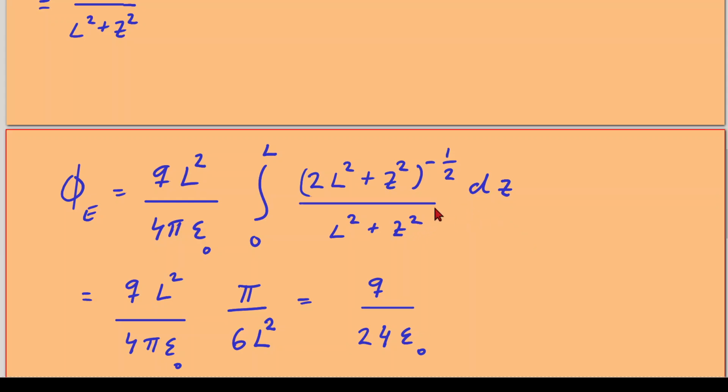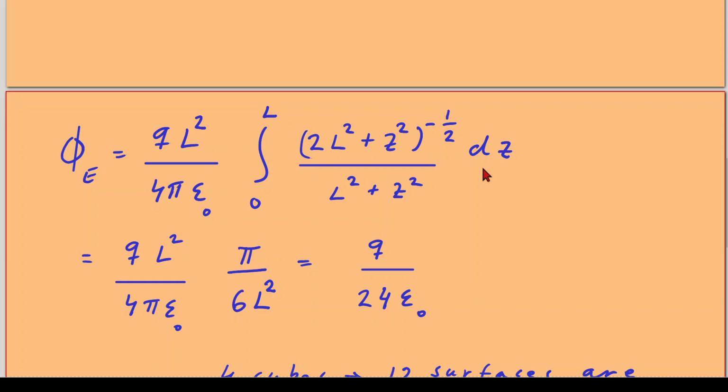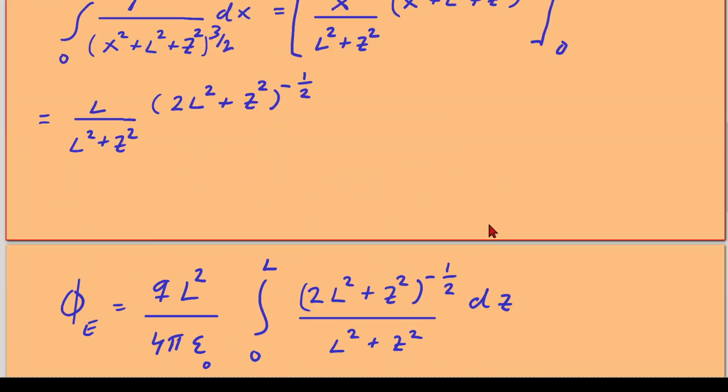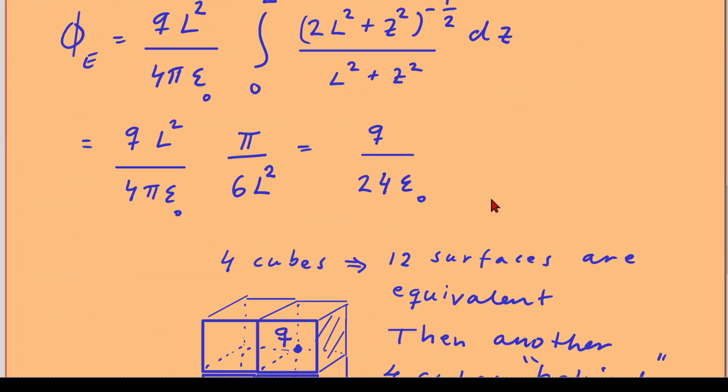Again, you can look in a mathematical handbook or something. And what you find is pi over 6L squared. And here's the final result. So this is the flow through that surface.